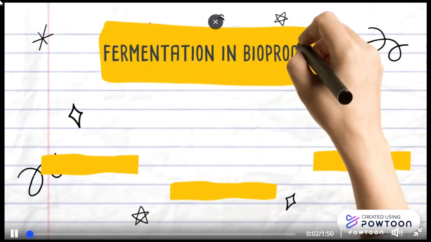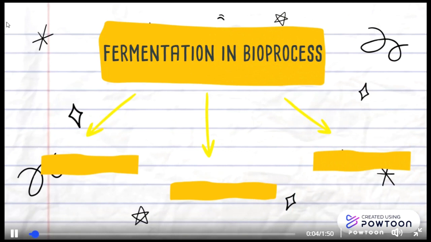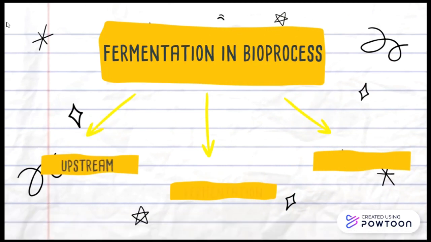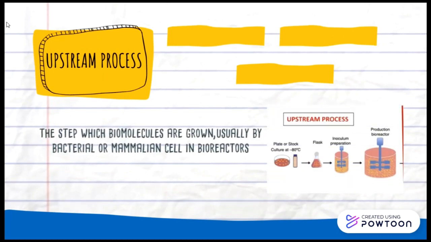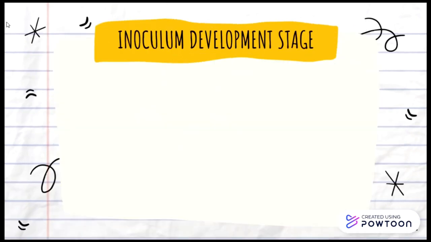The fermentation process involves two stages, which is upstream fermentation and downstream process. Upstream process is the initial stage of the fermentation process. These include all steps that are related to the development of microorganisms, including inoculum preparation, media preparation, and substrate preparation.